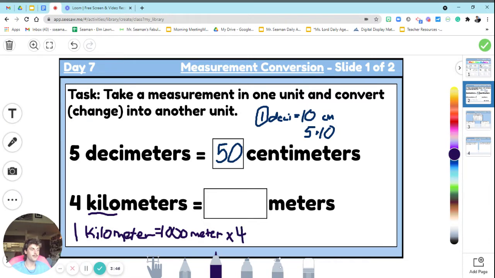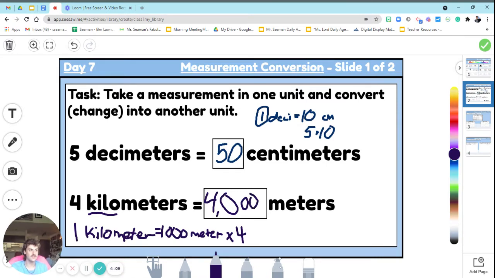I'm trying to find meters, so I'm going to take 1,000 meters and multiply that by 4, because then I'm going to get my total of 4,000 meters.